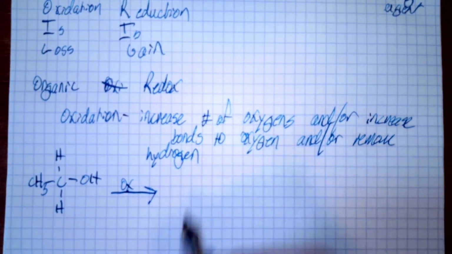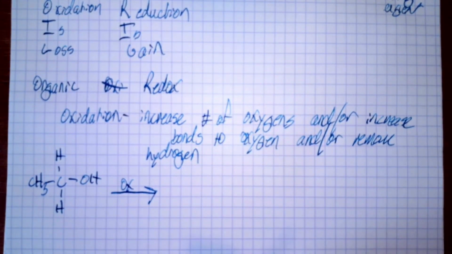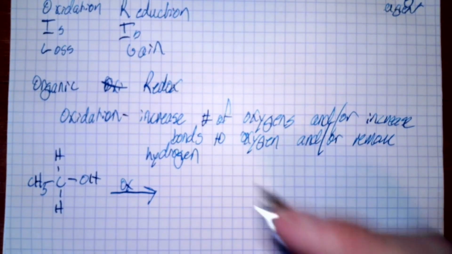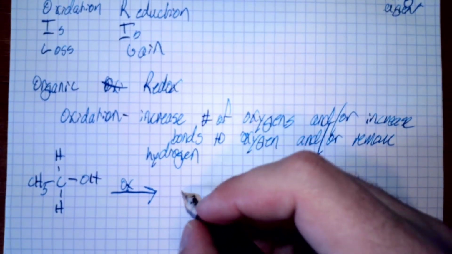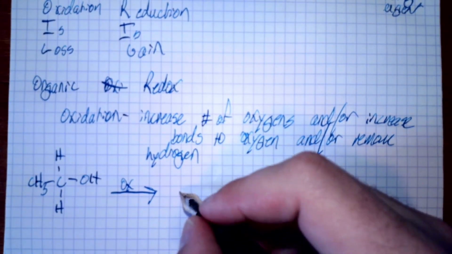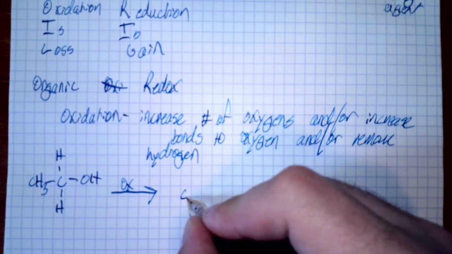But let's say we oxidize it. Now, how do we oxidize it? Well, to do what I'm showing, we would use something like pyridinium chlorochromate, PCC it's called, or some other reagents like Dess-Martin periodinane is one of them. Those are the things that get reduced in this oxidation.